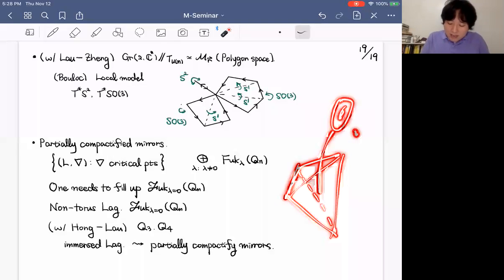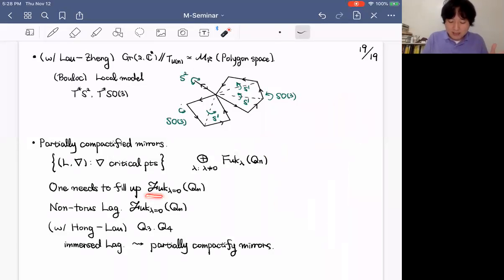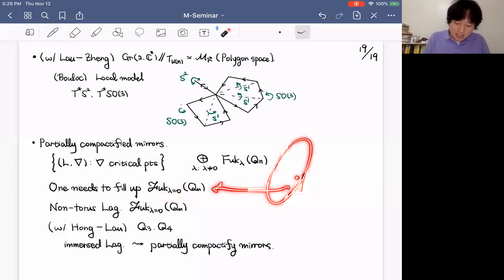But as we've mentioned, there are interesting things going on in this particular stratum. We have a bunch of Lagrangians, and it seems that they contribute to the other summand of the Fukaya category, the lambda zero summand of it. So this should be in charge of that summand.